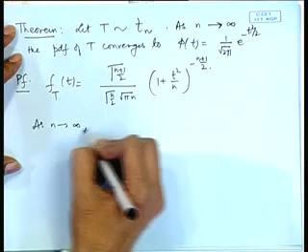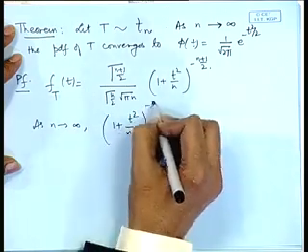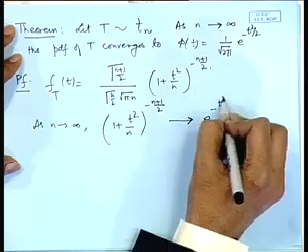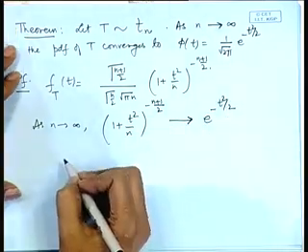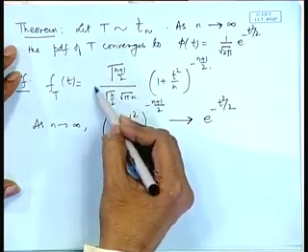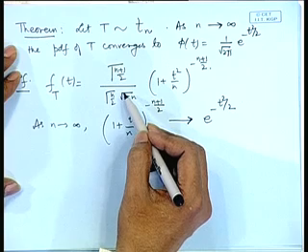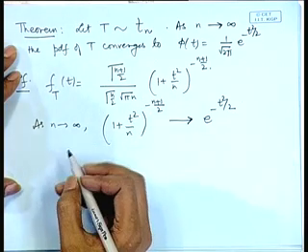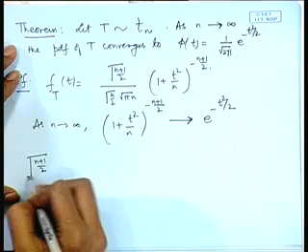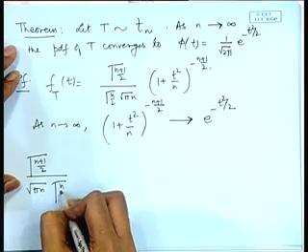So, as n tends to infinity, 1 plus t square by n to the power minus n plus 1 by 2 converges to e to the power minus t square by 2. So, let us look at the remaining terms. We must actually prove that this remaining term converges to 1 by root 2 pi. So, if we look at this term, gamma n plus 1 by 2 by root pi n gamma n by 2.